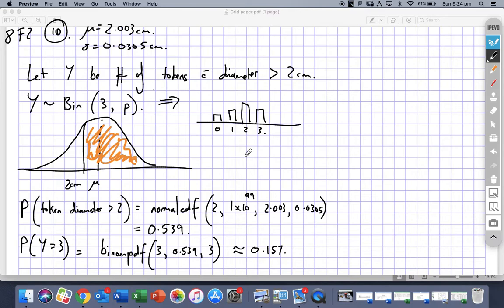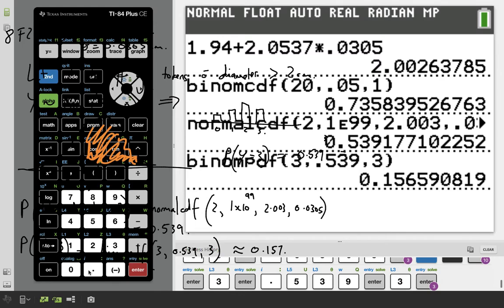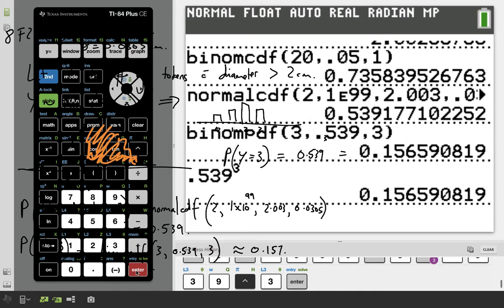The probability that the number of tokens with diameter greater than 2 is 3 equals 0.539 to the power of 3. And let's just double check that for you. 0.539 to the power of 3, and you get the same number.